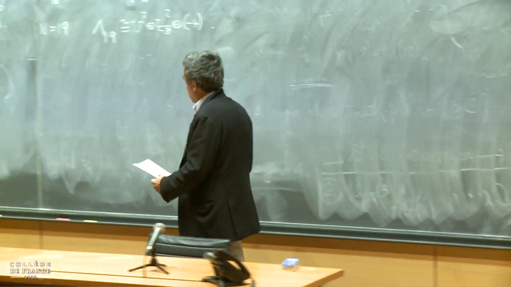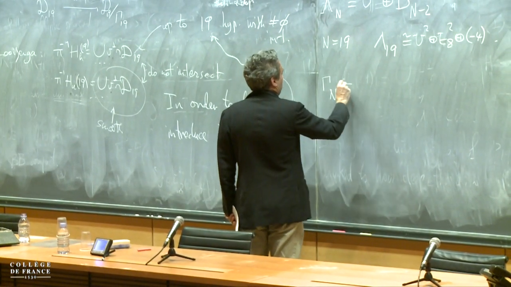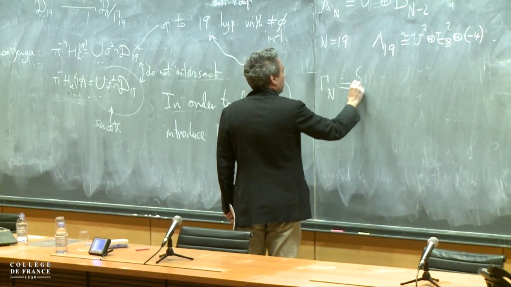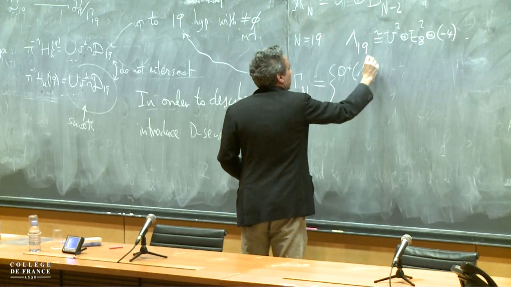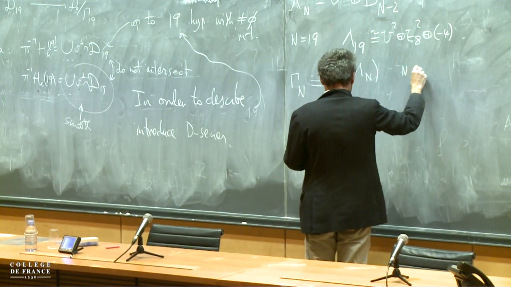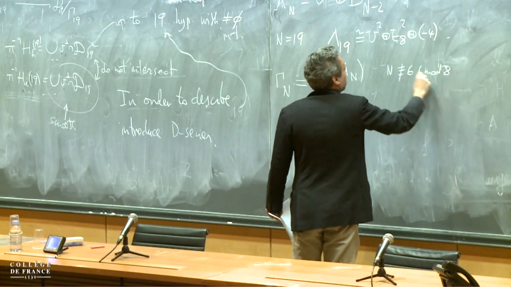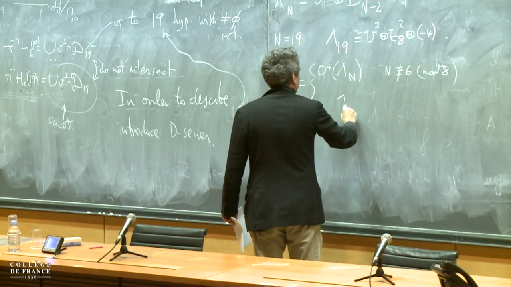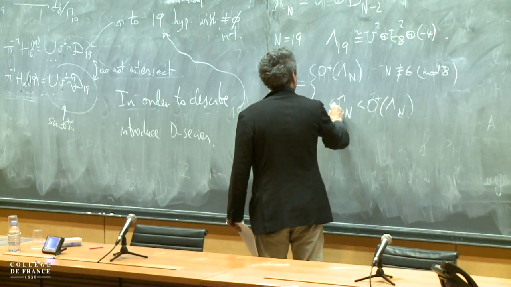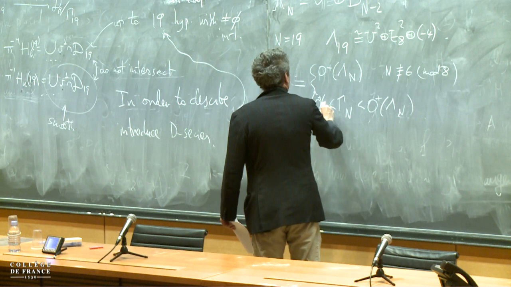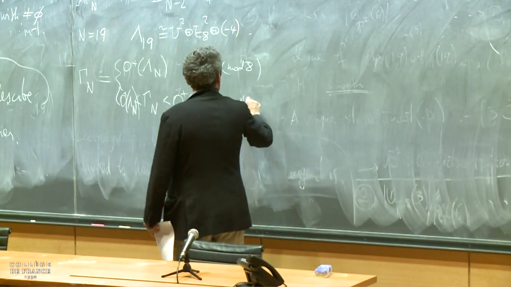And I'll consider an arithmetic group which is essentially just the O plus of this lattice if n is not congruent to 6 modulo 8. Otherwise, it's something intermediate, but never mind, okay? Between this and the stable one. It wouldn't make any sense to define it otherwise.